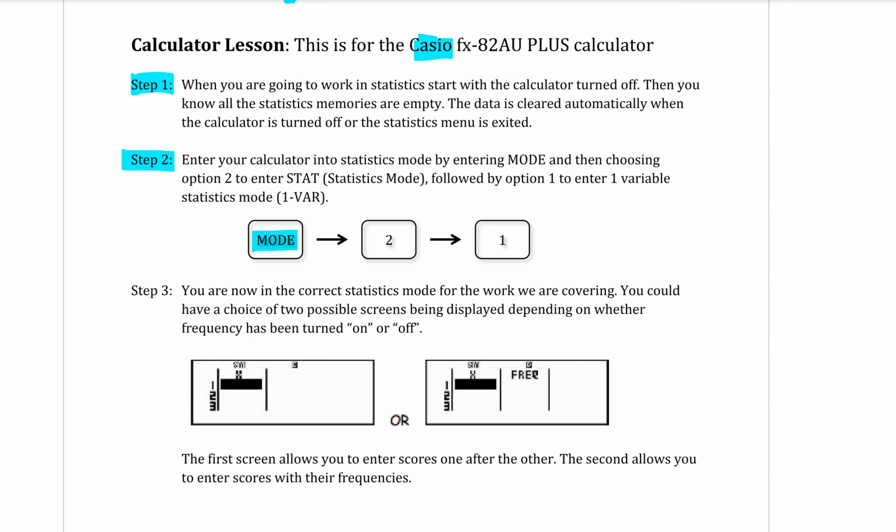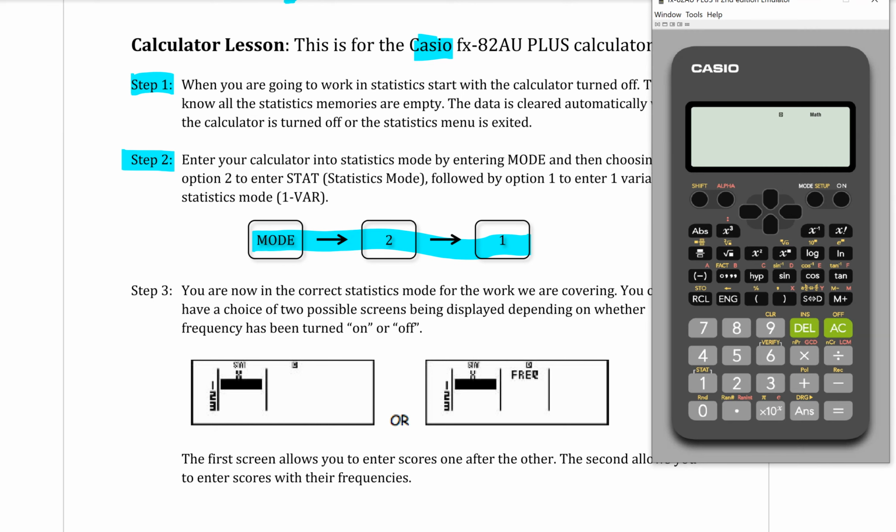And this is what you'll see. You click the mode button, and then you'll see that the number 2 says stat for statistics. We're going to click the 2 for statistics, and then we click the 1 for the 1 variable, and it brings up that little table in your calculator. Now, step 3, you are now in the correct statistics mode for the work that we are covering.